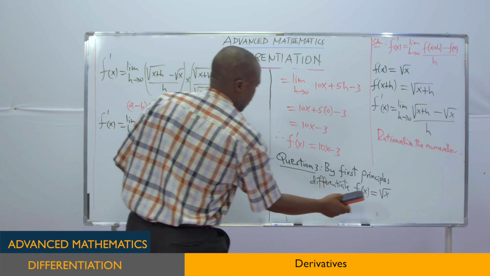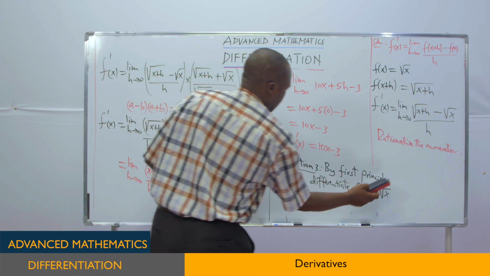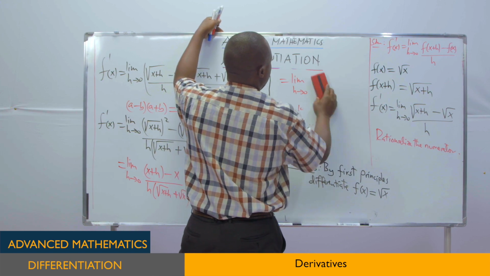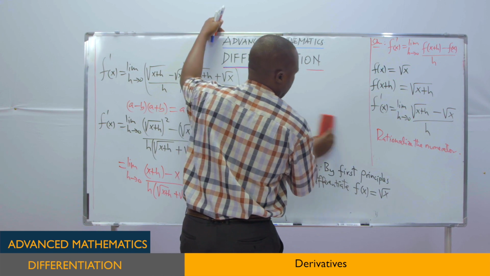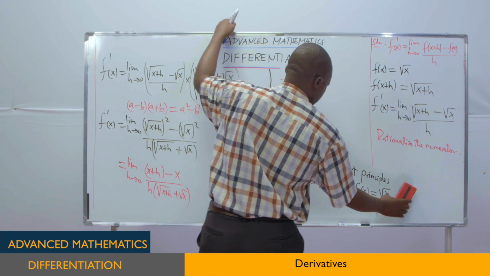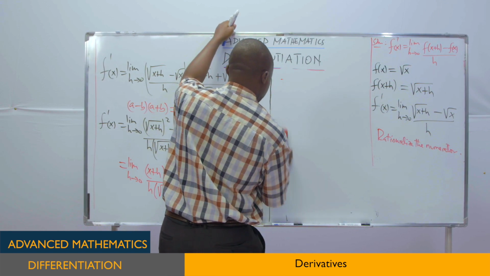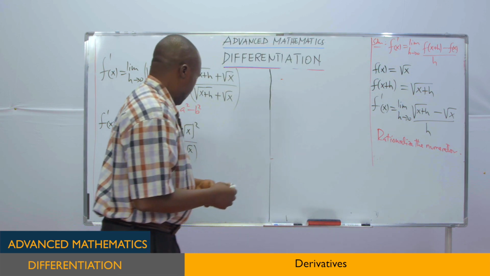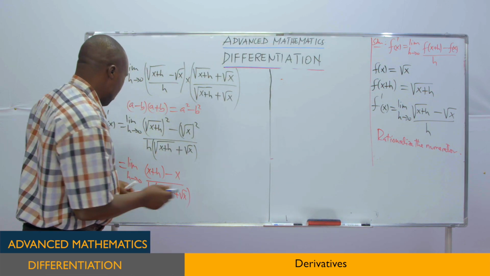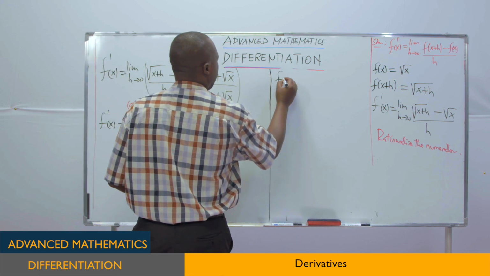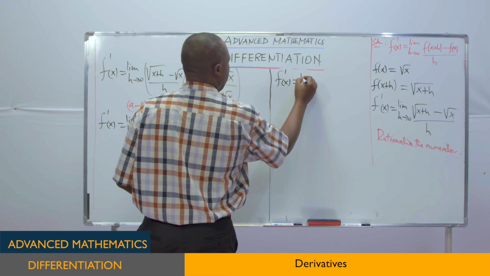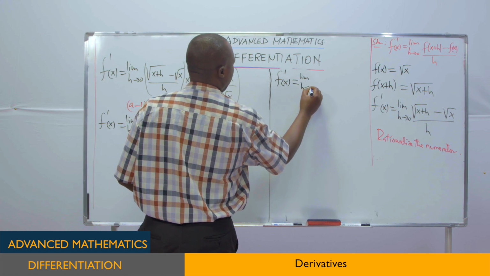So my dear student, here we have f of x dash will be equal to the limit of, as h approaches 0.